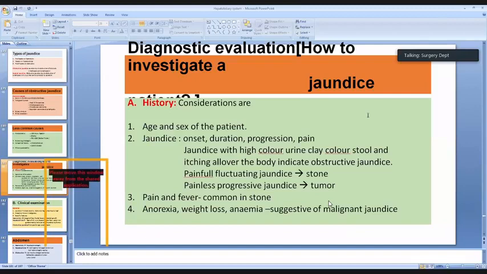Suppose in hemolytic jaundice, the onset develops very slowly. The duration persists for a long time, like months or years, and it progresses slowly, not associated with pain.